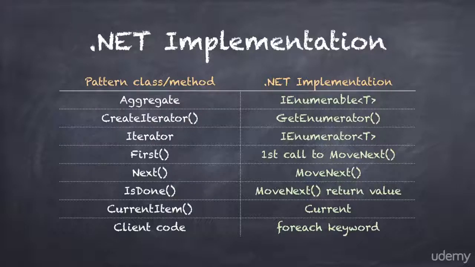The interface allows you to create an iterator for the collection. Iterators in .NET also have a special name. They are called enumerators. And so, the method to create one is not called createIterator, but GetEnumerator. Enumerators in .NET use an interface instead of an abstract base class.